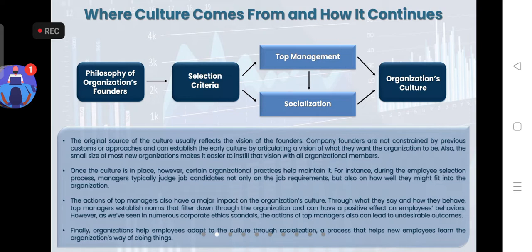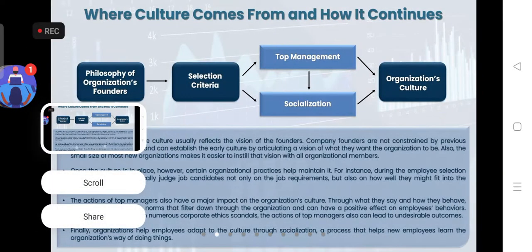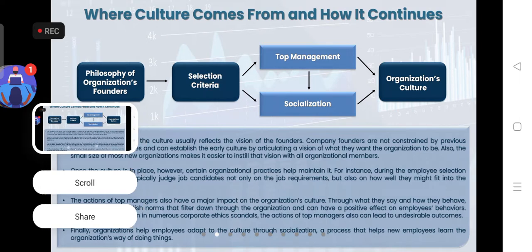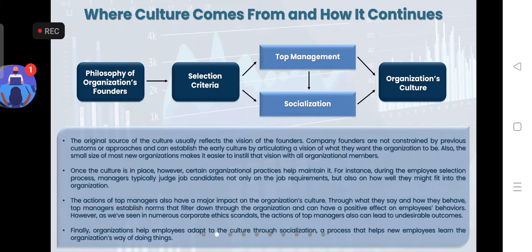The original source of culture usually reflects the vision of the founders, which we call the philosophy of the organization's founders. Next, the culture is always in the work environment. However, certain organizational practices will always help maintain it.